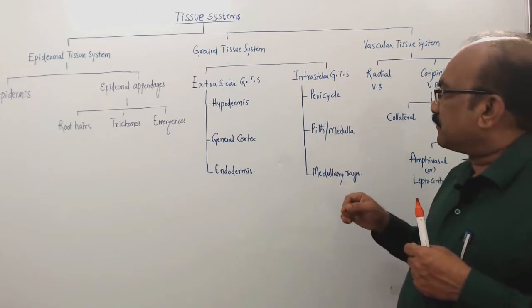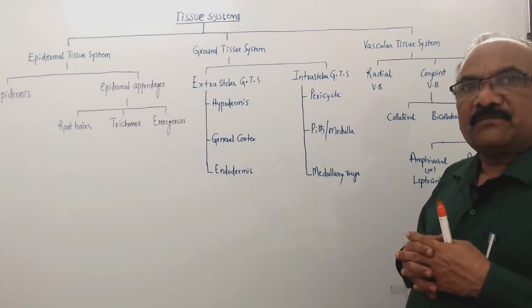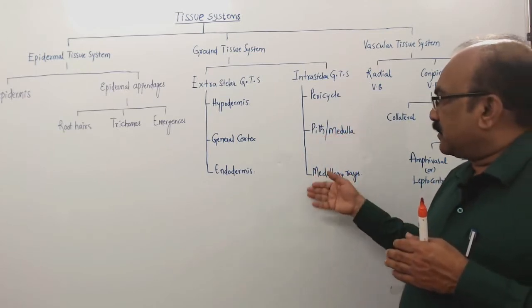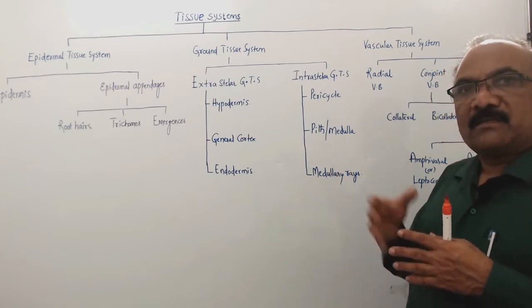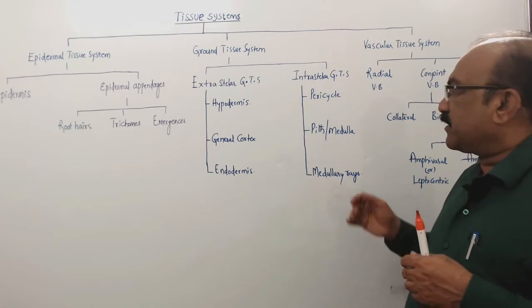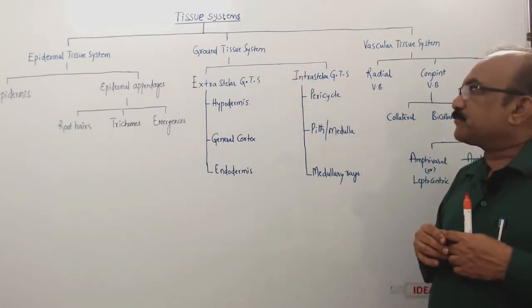In the center of the stele you will find a tissue called pith or medulla, and some elongated cells in between the vascular bundles, which are called medullary rays. So that is the ground tissue system.